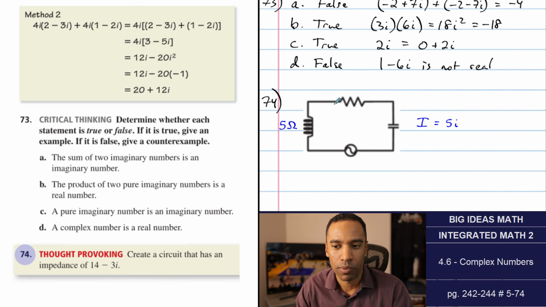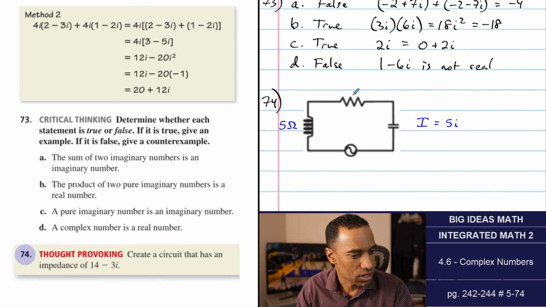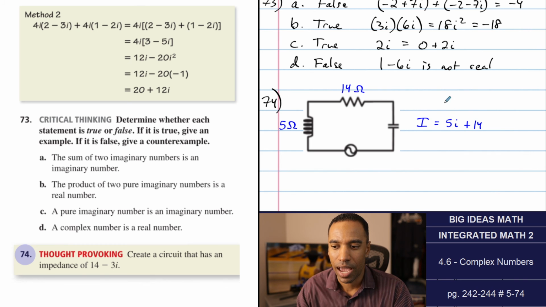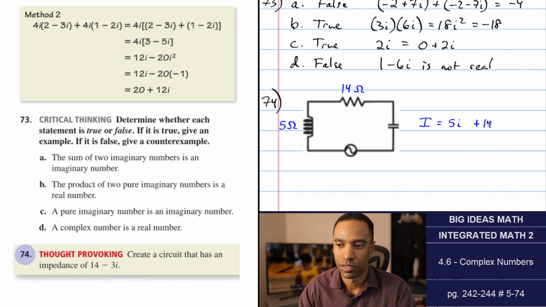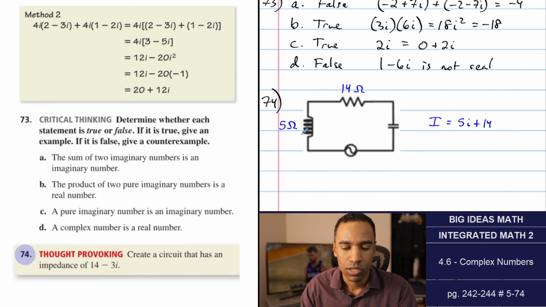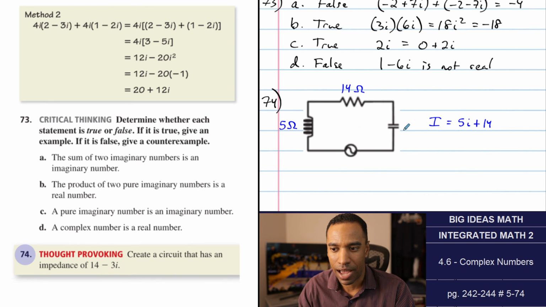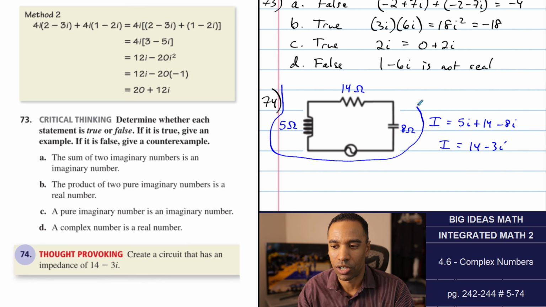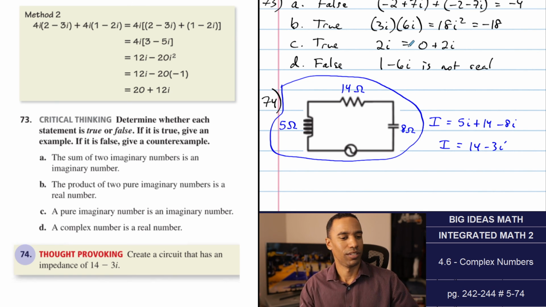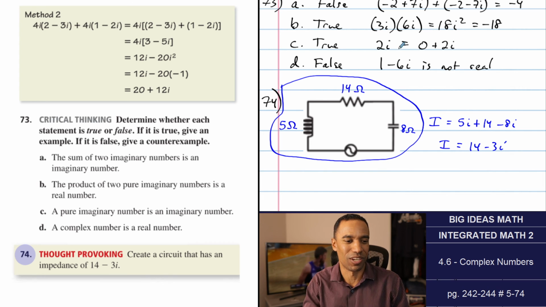Now, my resistor needs 14 ohms because this is the only one that's going to stay real. And then I need my capacitor to have a reactance that gives me negative 3i as a result. So I'm going to call this 8 ohms compared to that 5, because then I'll have the minus 8i. That'll give me 14 minus 3i. So this would be my answer with that drawing. There's my circuit.